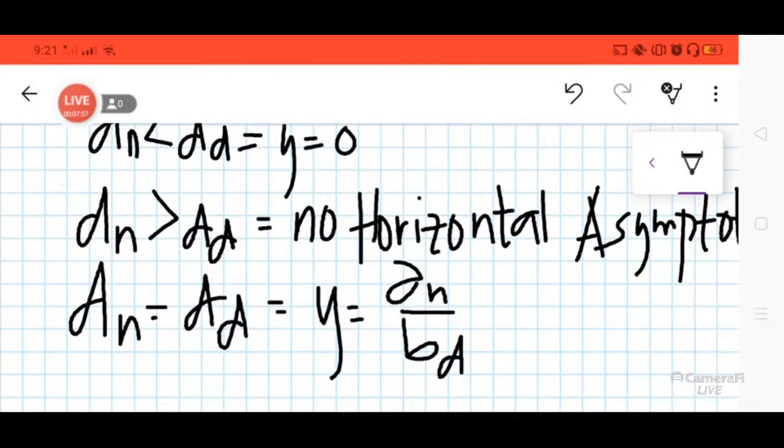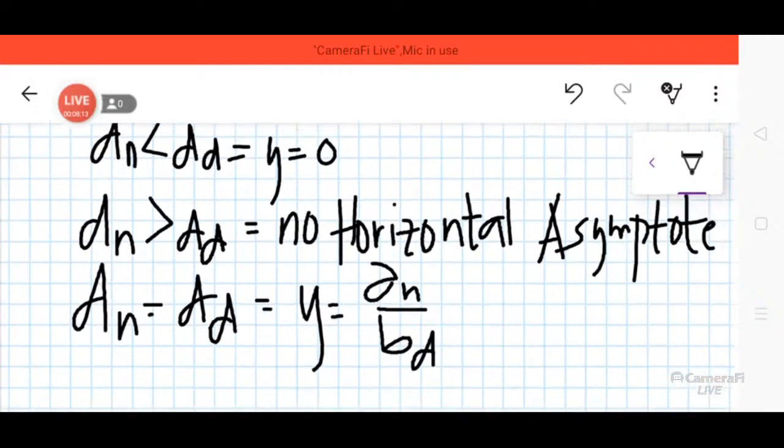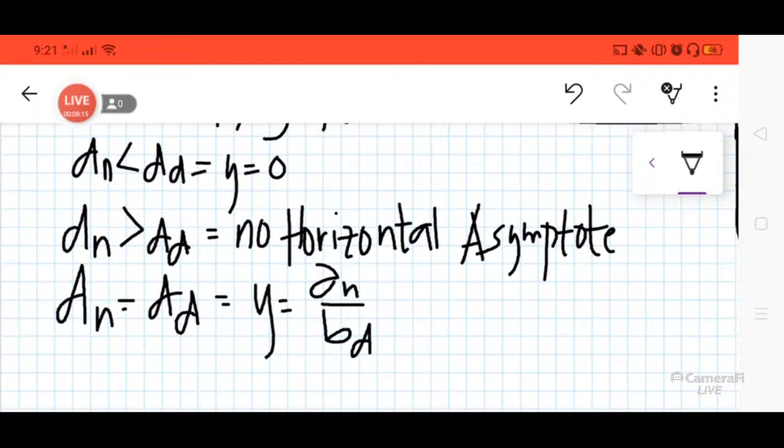Meaning, the value of the leading term in the numerator is divided by the value of the leading term of the denominator in the given function.